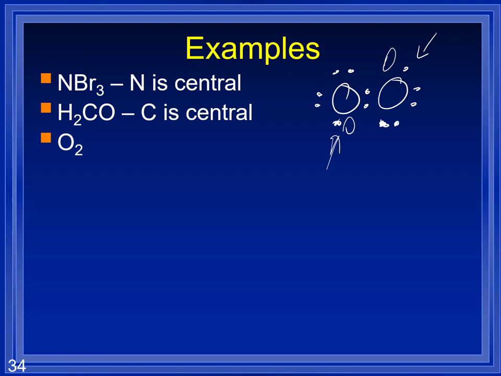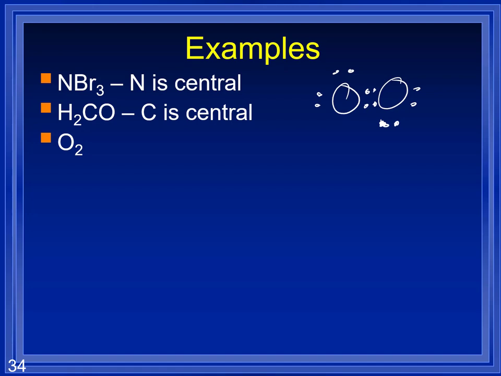Everybody can tell that I don't have 4 pairs around my oxygens. So I tried single bonds. That didn't work. So now I need to share more. So I take 1 from each. I take 1 from this one, 1 from that one, and I make a double bond. I still have the same total number of dots I had before.